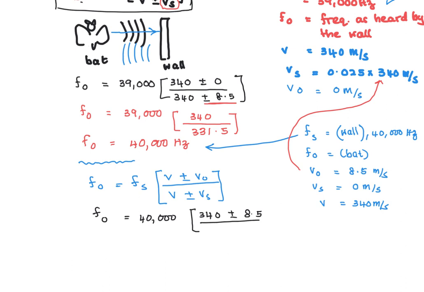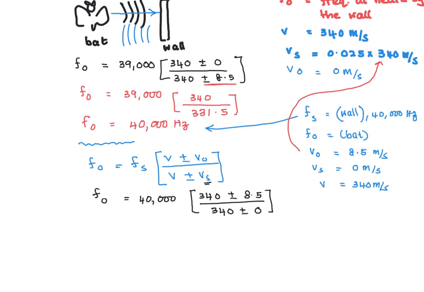I am not using the units here because that makes the equation a little messy, but you know that I am using all SI units. And then down here you have 340, and the source velocity, the source is the wall, therefore it is stationary, so the value is 0. So let's do the substitutions and then decide on the sign.